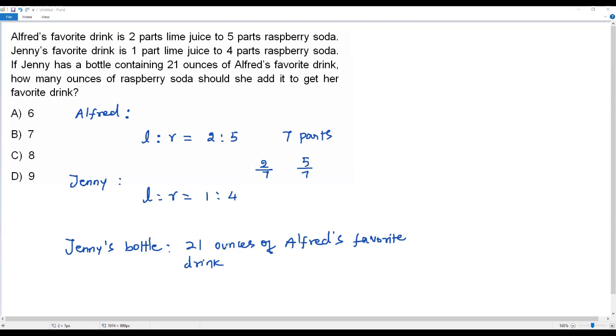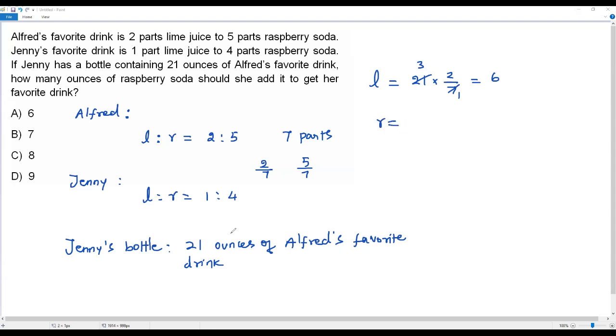Okay, now let's find the number of ounces of lime juice in these 21 ounces. To find it, we have to multiply 21 by the fraction of lime juice in Alfred's favorite drink, which is 2 over 7. So let me multiply. 7 goes into 7 one time, 7 goes into 21 3 times. We get 3 times 2 is 6.